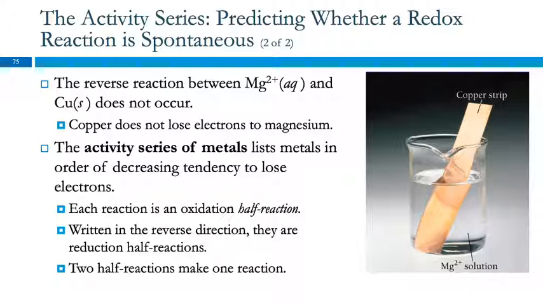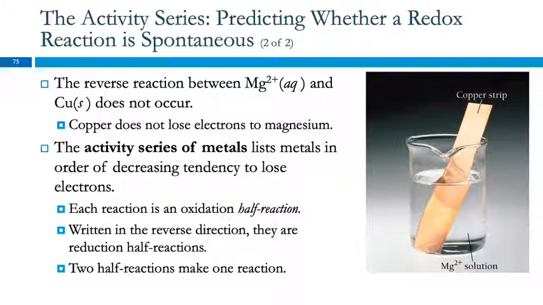So we have what's known as an activity series, and it's a little bit like that Fuzz 765 thing. It's a list of who's stronger, who gets what they want. So the activity series lists metal in the order of decreasing tendency to lose electrons. So at the top is the one most likely to lose electrons, and at the bottom is the one least likely.